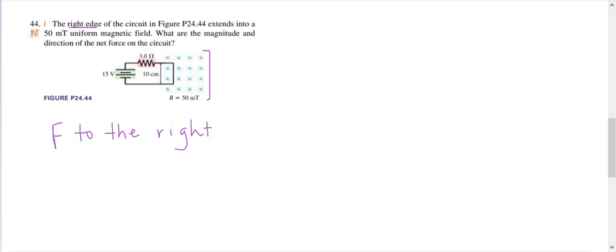Now to find the magnitude, we need to start by writing out all of our known values. So we know that there is a voltage of 15 volts, a resistance of 3 ohms, a length of the wire of 10 centimeters, which if we convert is 0.1 meters. And the B field magnitude is given as 50 millitesla.